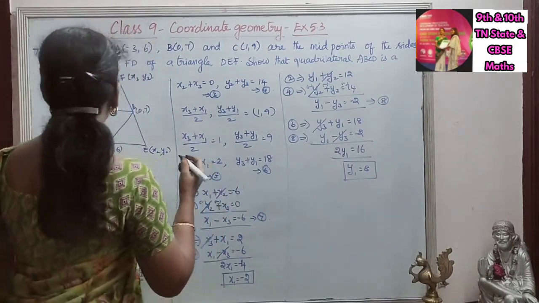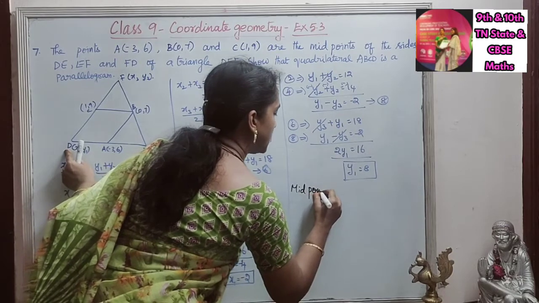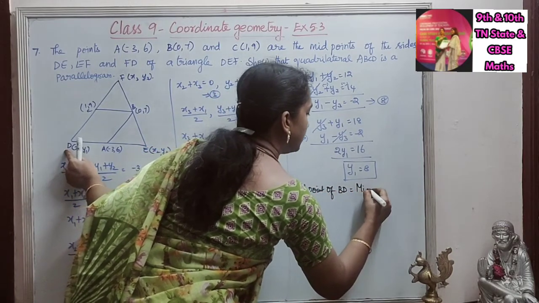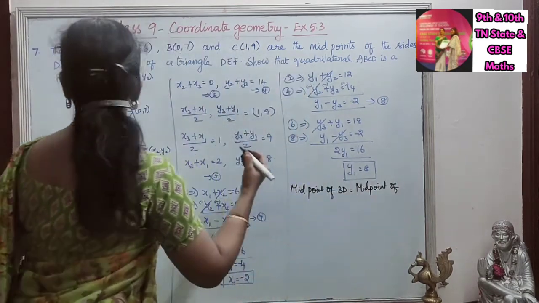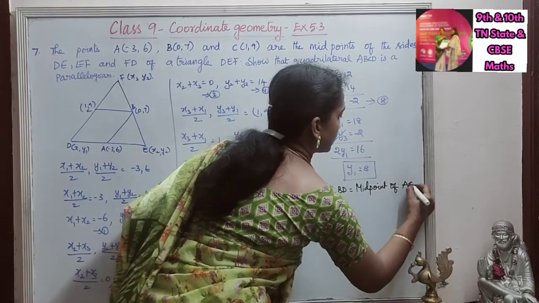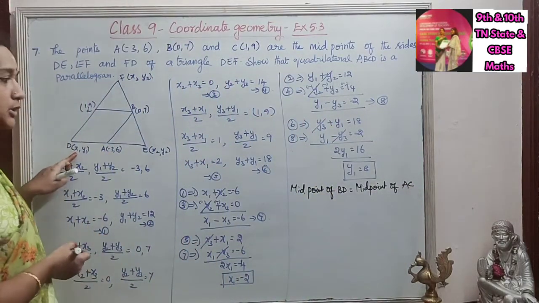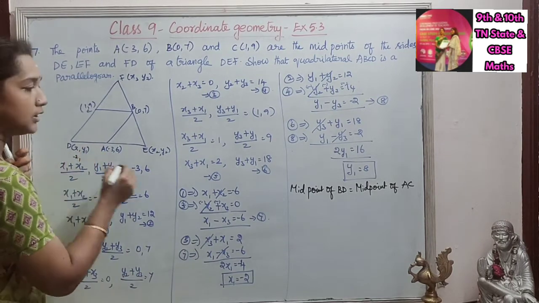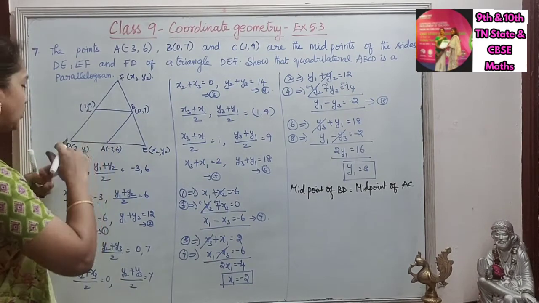So midpoint of BD is equal to midpoint of AC.